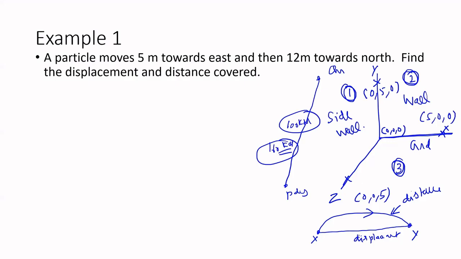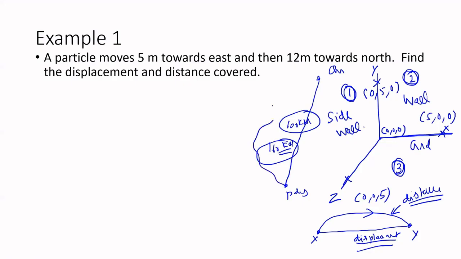If we are traveling in a flight, then it is called displacement. Suppose we are traveling in a car, then it is called distance. If we go by bus, that is distance. If we go by flight, that is displacement. So the shortest distance between Pondi and Chennai is 100 kilometers. That is called a displacement.